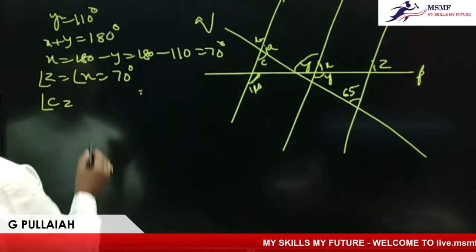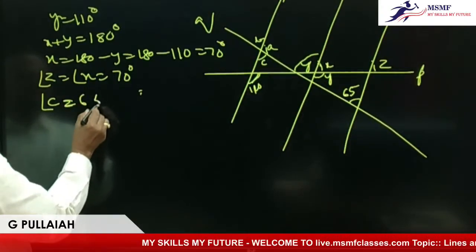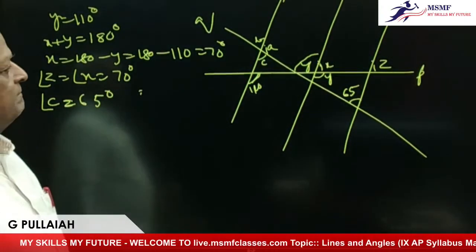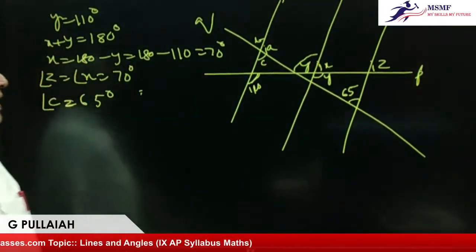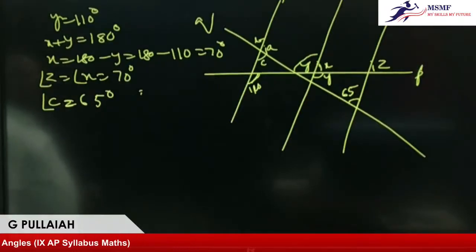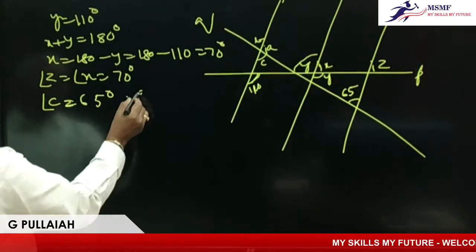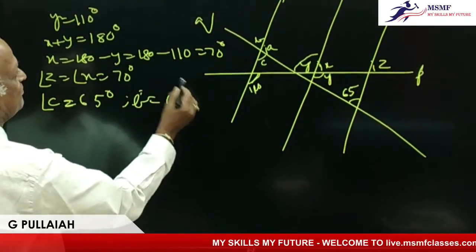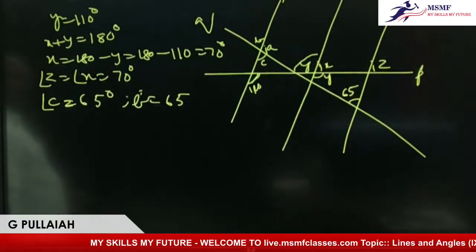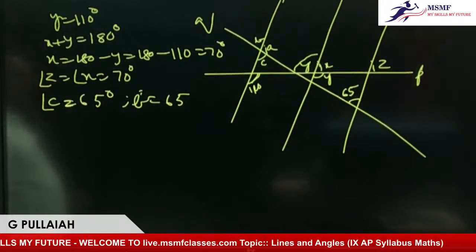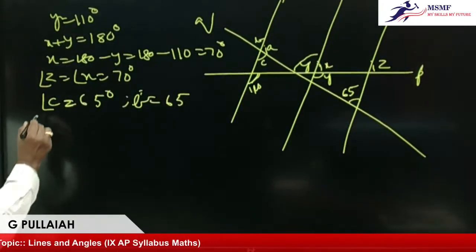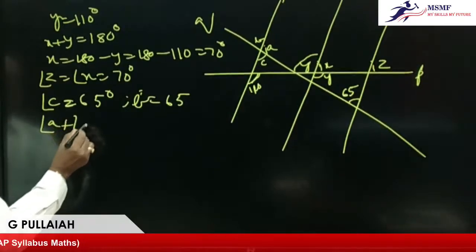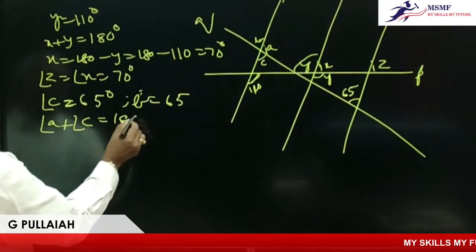Now you can say here angle C is equal to 65 degrees. If you get C is equal to 65, basing on C, can you find any other thing? C and B are vertically opposite angles, so B is equal to 65. And A and C are a linear pair, so angle A plus angle C is equal to 180 degrees.